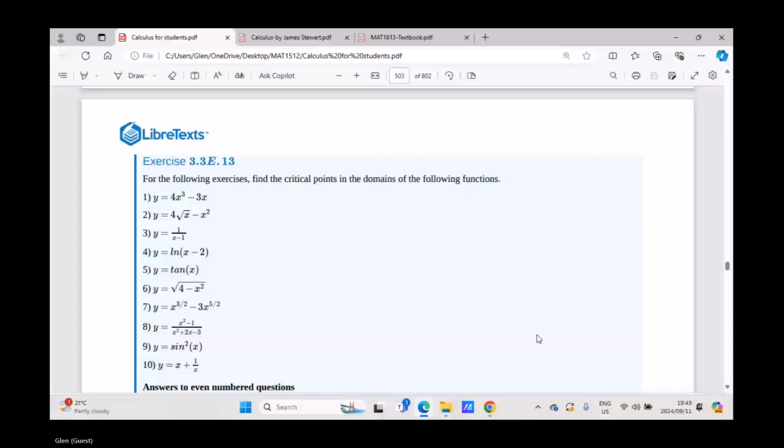So I cross multiplied, and then I got 1 equal to 0. What is the final answer? No solution.